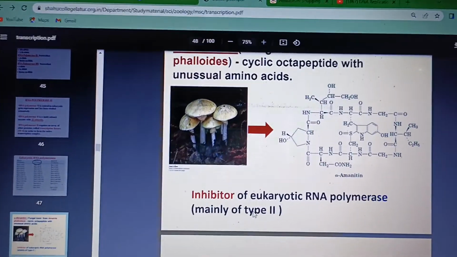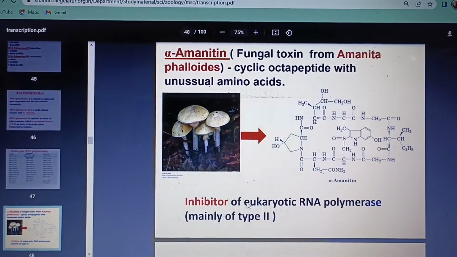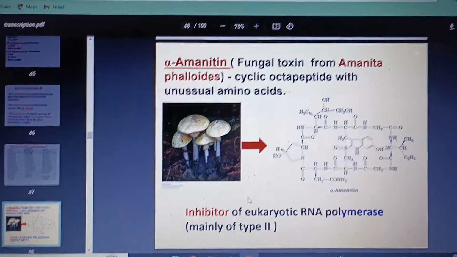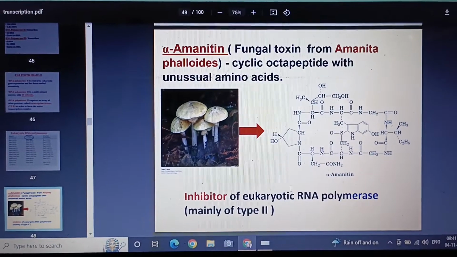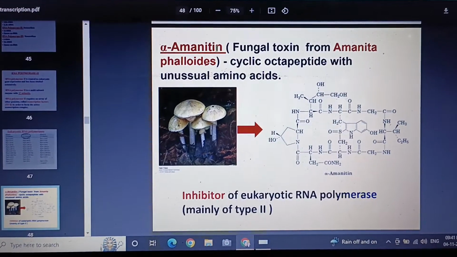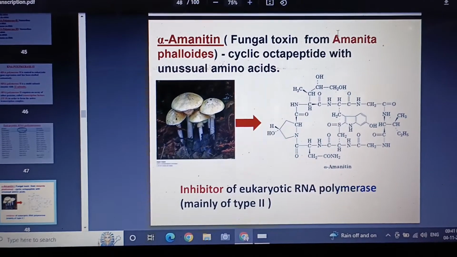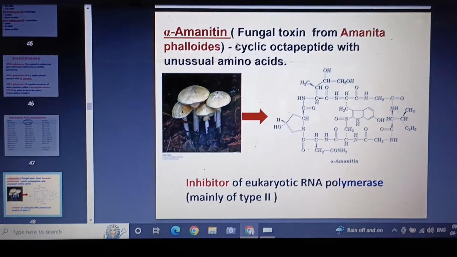This is the inhibitor of eukaryotic RNA polymerase, mainly type 2 RNA polymerase, which is nothing but alpha amanitin. It's a fungal toxin from Amanita phalloides. Okay.